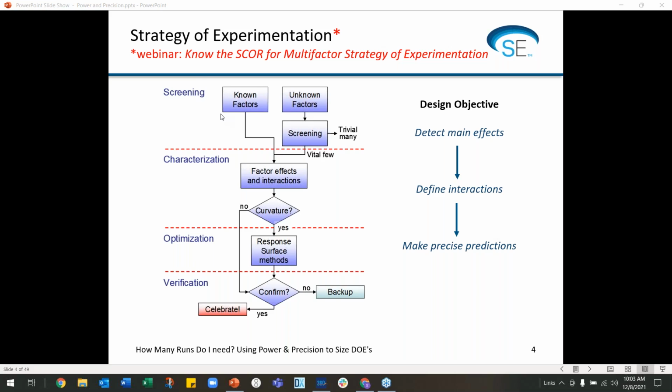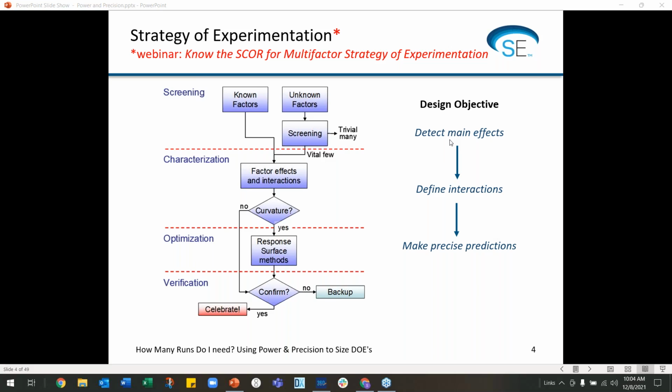With screening, we are usually looking at a lot of factors that we aren't sure what their effect is, and trying to determine which ones have big effects that we would carry through to further studies. So the objective of a screen design is really to detect significant main effects, unbiased from any interactions that may exist.